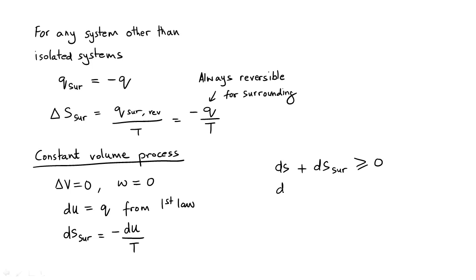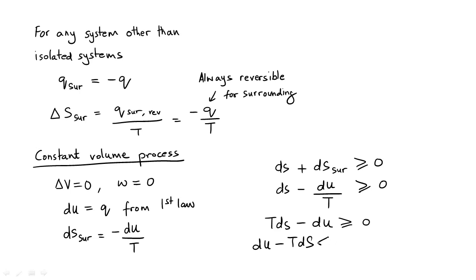So dS minus dU by T should be greater than or equal to 0, which implies TdS minus dU should be greater than or equal to 0, or in other words, dU minus TdS should be less than or equal to 0.